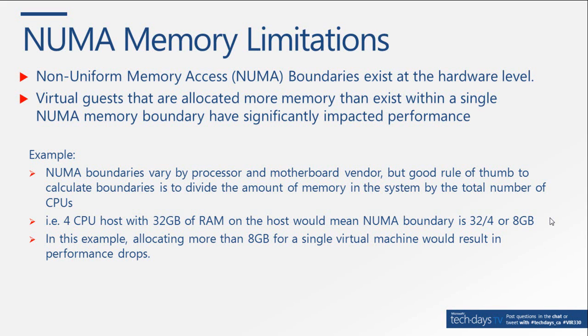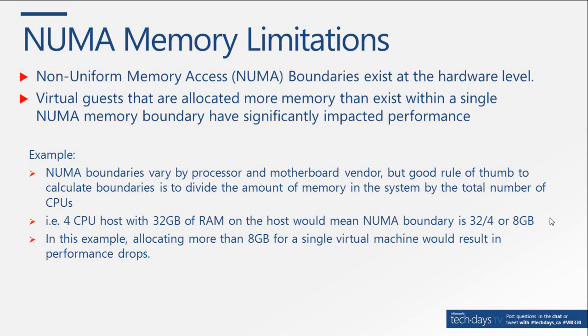But it also changes the way the physical architecture of a server is configured, so that memory now belongs to a CPU, to a physical socket, and other CPUs that need access to that can do so, but that requires a hop across a bus, which is a slower process.